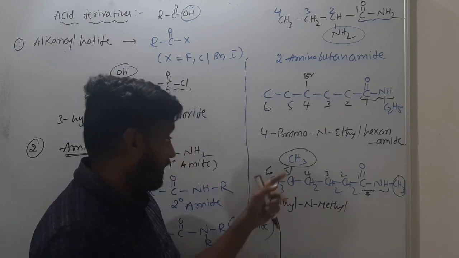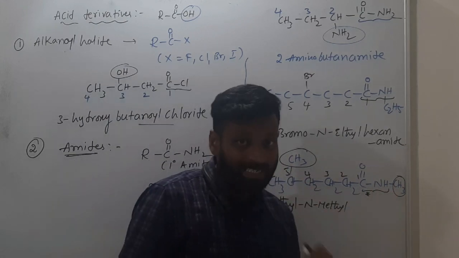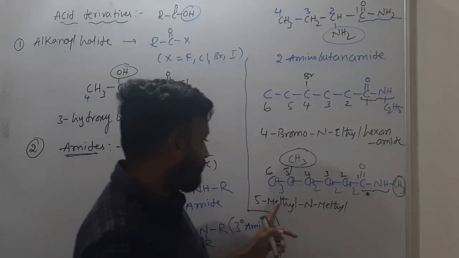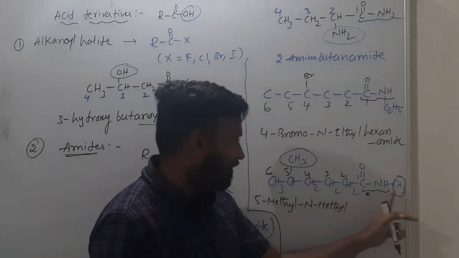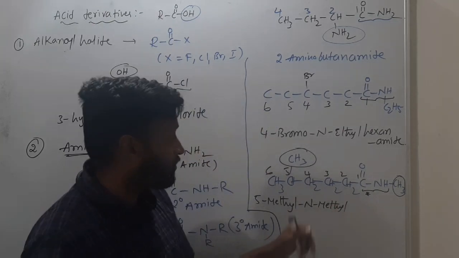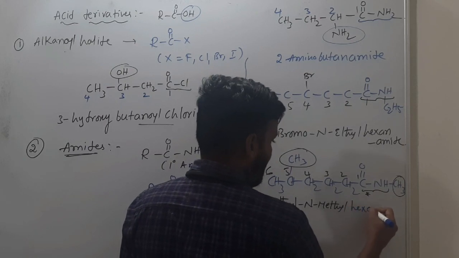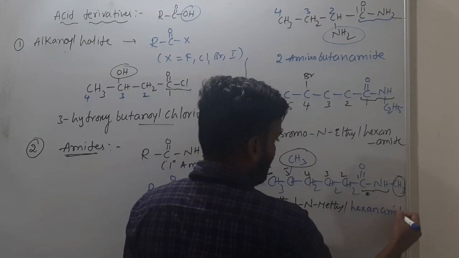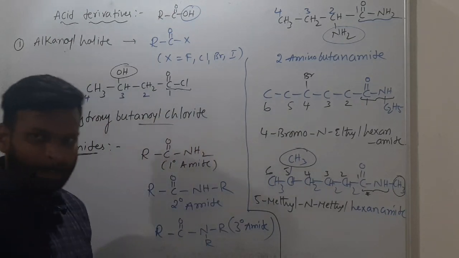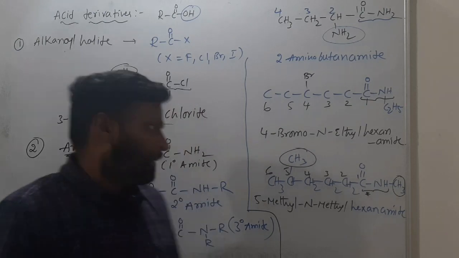There is a difference: this methyl is attached to carbon, but this methyl is attached to nitrogen. So 5-methyl, N-methyl, and now I will write hexanamide. Understood why I wrote it like that?